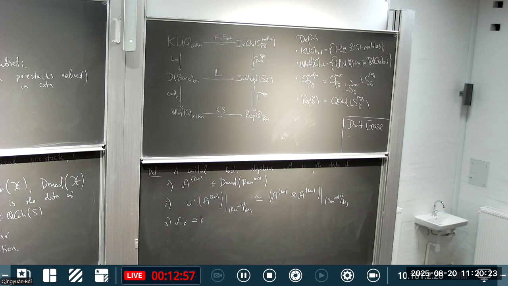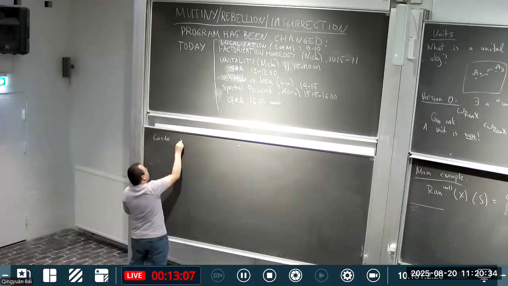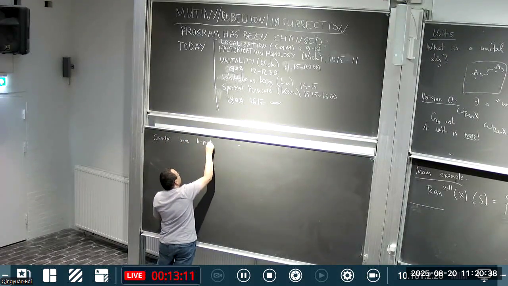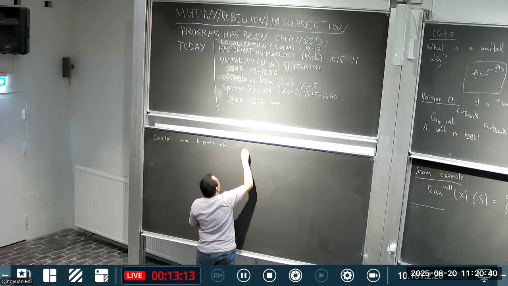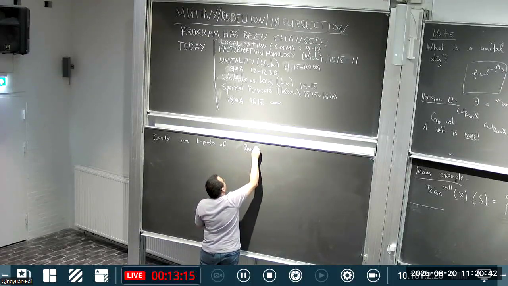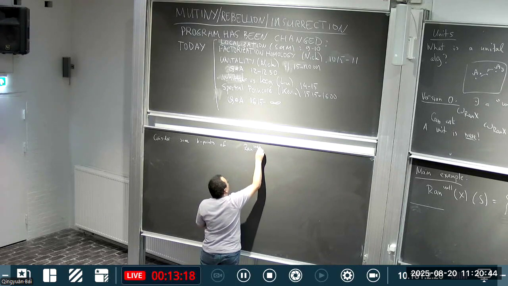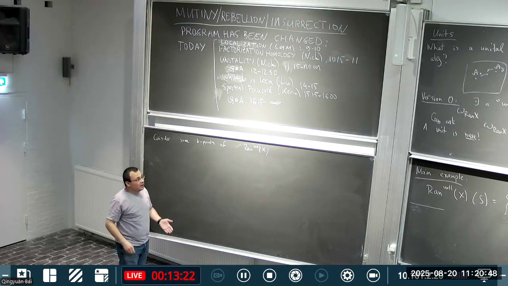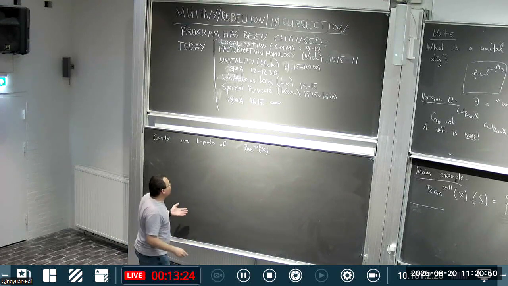Okay. Well, here are some example points. Consider some K-points of the unital Ran space.